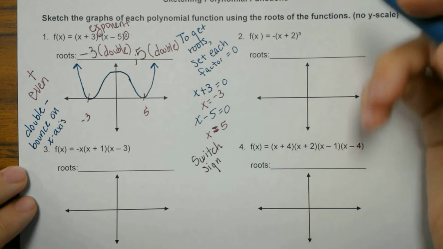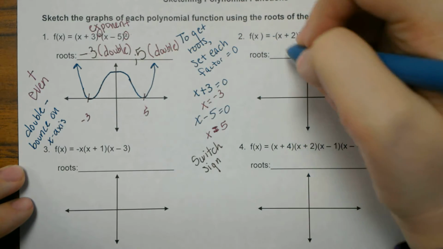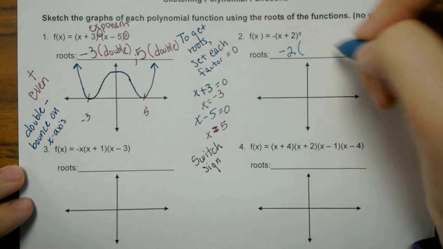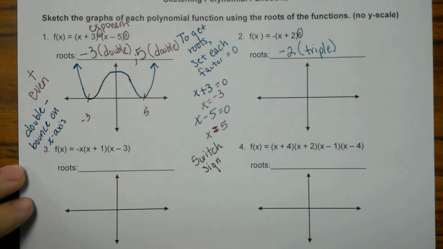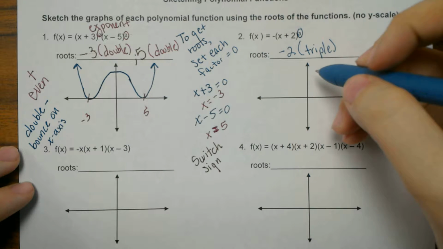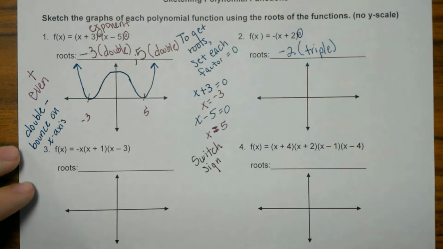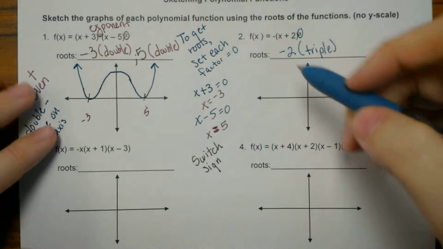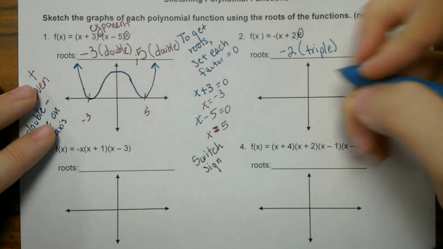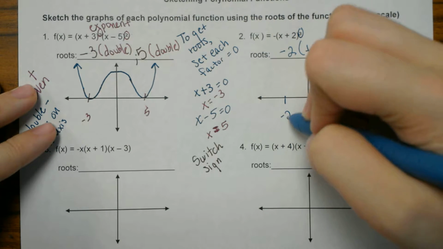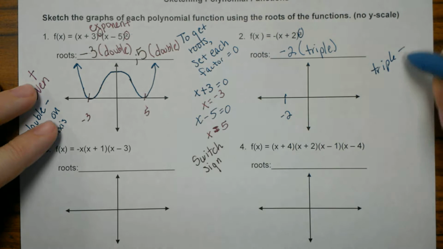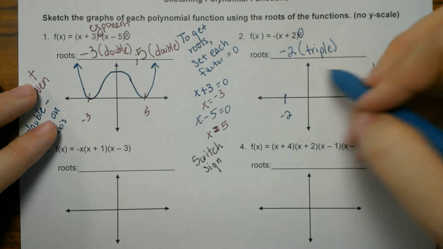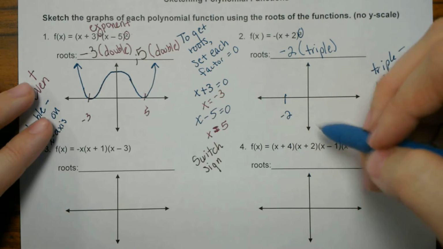And so on number 2, I have a root at negative 2, and there's a 3, so there's a triple. Making sure you see here. So number 2 is a triple root at negative 2. And so with triples, there's a kind of wiggle that happens as you cross through your root.